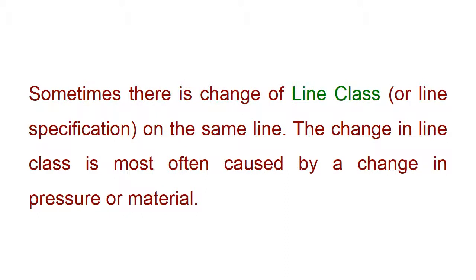Sometimes there is a change of line class or line specification on the same line. The change in line class is most often caused by a change in pressure or material.